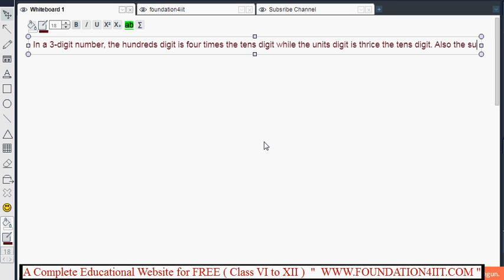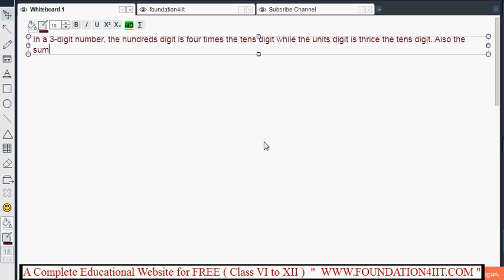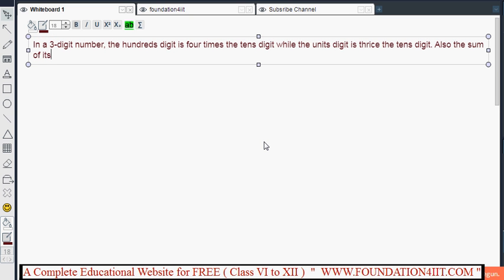Also the sum of its digits is 16. So find the number.